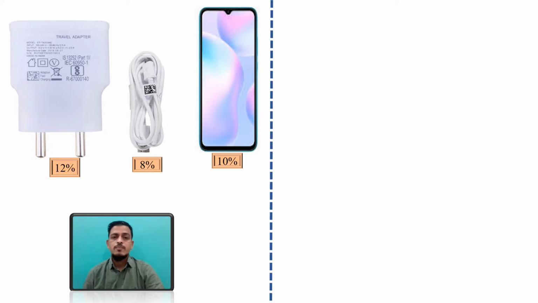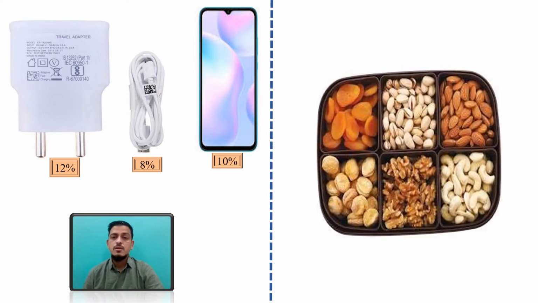In this case, you have to identify whether these things are naturally bundled or not. Mobile is always sold with cable and charger, so that is why we can say that it is naturally bundled.